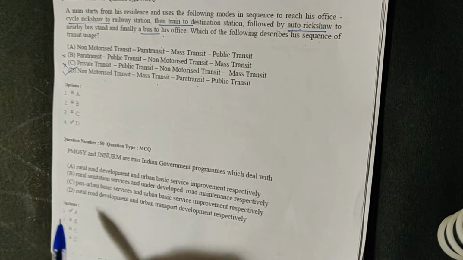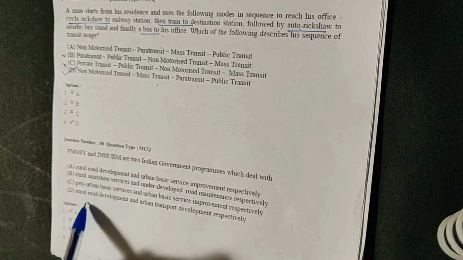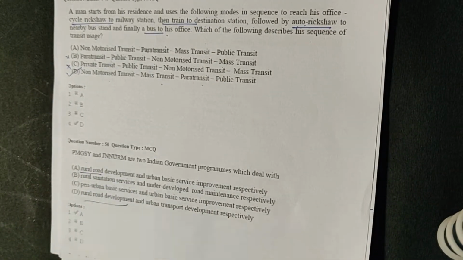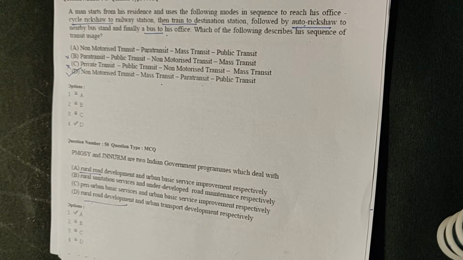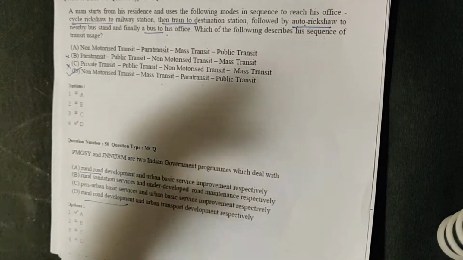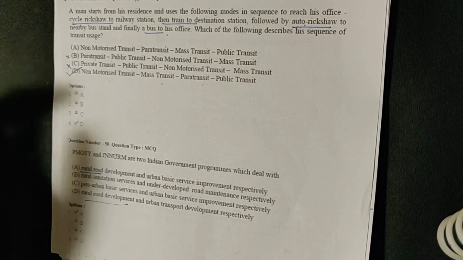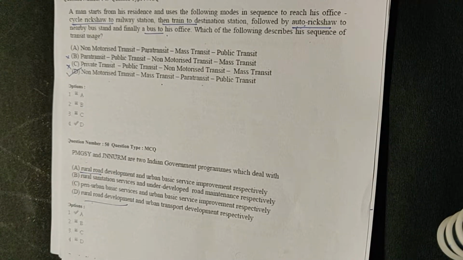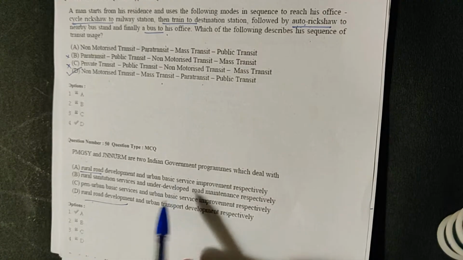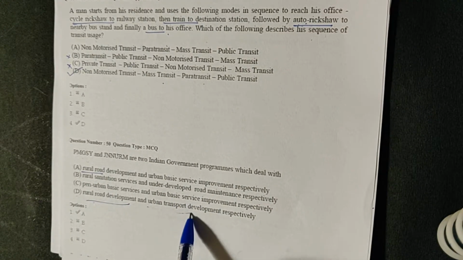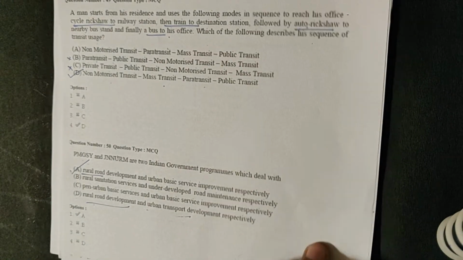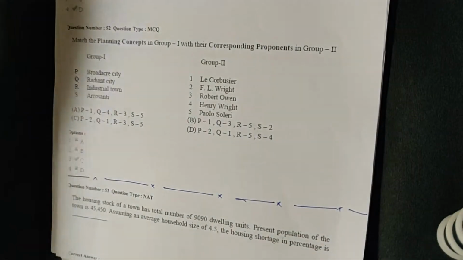So PMGSY is rural area road development, whereas JNNURM deals with urban renewal. When I talk about renewal, you are trying to renew urban needs, so it cannot be urban transport. It has to be urban basic needs. That is why option A becomes the correct answer.